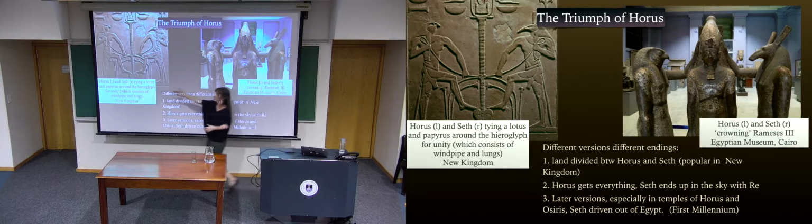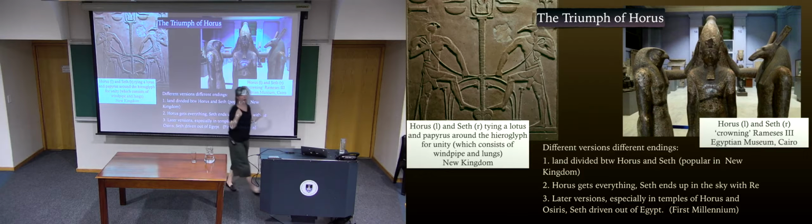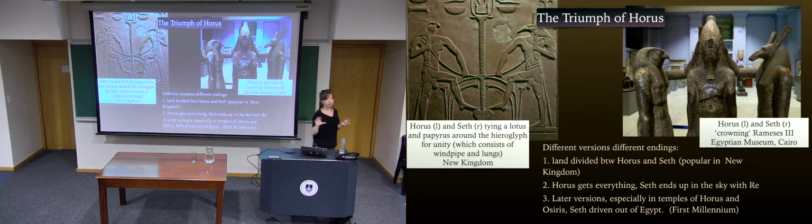Here you've got the symbol of unity, and you've got Horus and Seth tying a lotus and a papyrus plant around them, representing the two halves of Egypt, the lotus and the papyrus. In other versions, especially later in the first millennium, Seth is not popular. In those versions, he just gets kicked out of Egypt altogether. But he's still kind of there in the beyond, helping out with stuff.